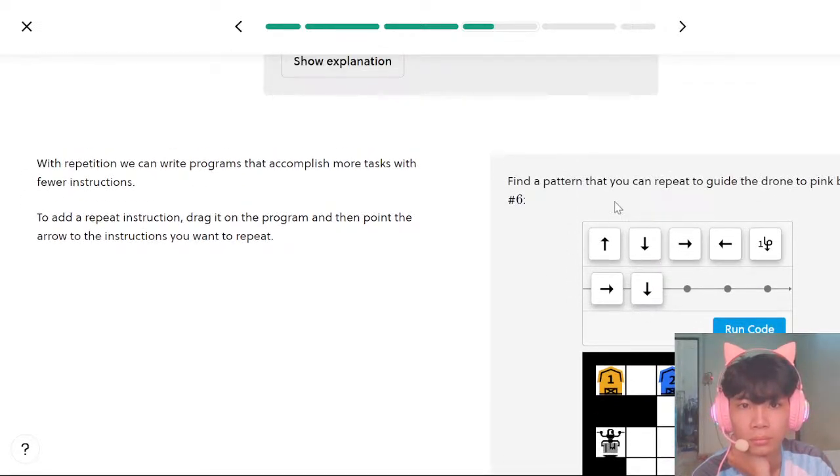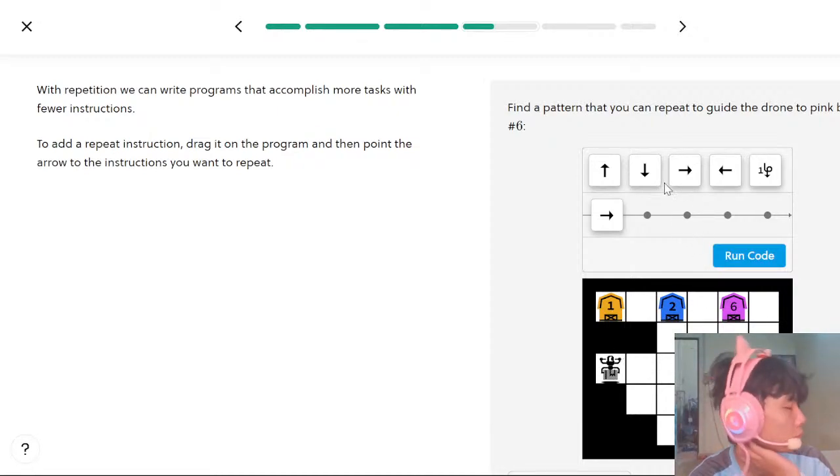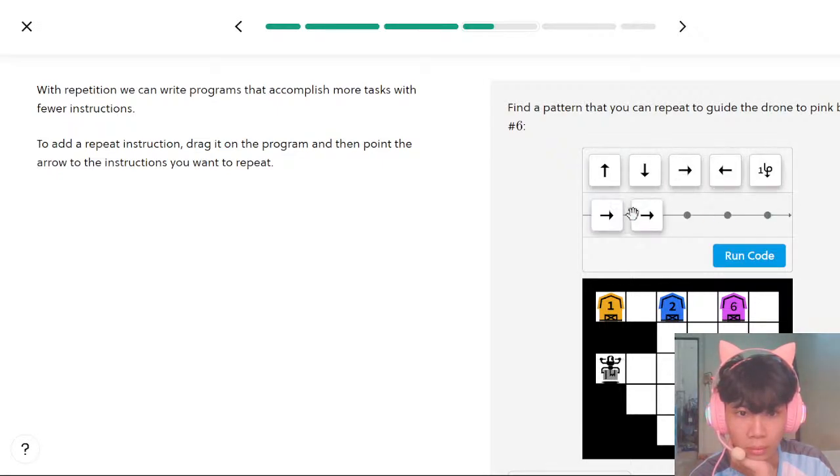Oh, the house 6, not the house 1. Oh my god. Oh, so we can use repetition like this. It's hard for me.